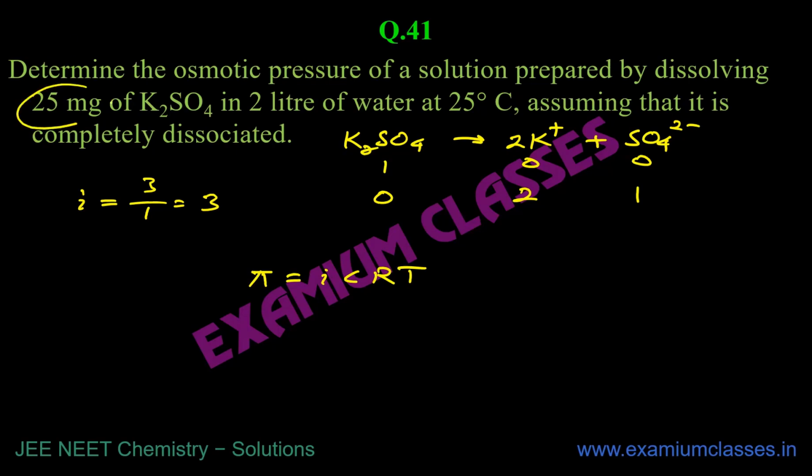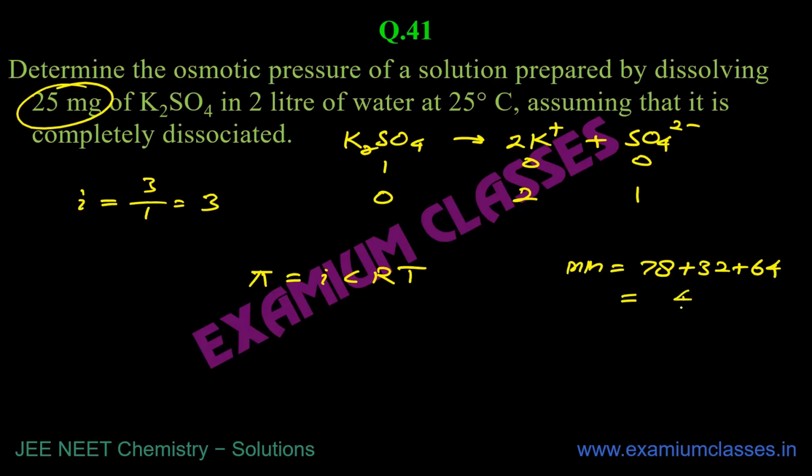Yes, it is 25 milligrams. So C will be given mass divided by molar mass. So we will have to calculate the molar mass. Okay. So molar mass of K2SO4 will be 2 into 39 plus sulfur 32 plus 4 into 16, which is 64.